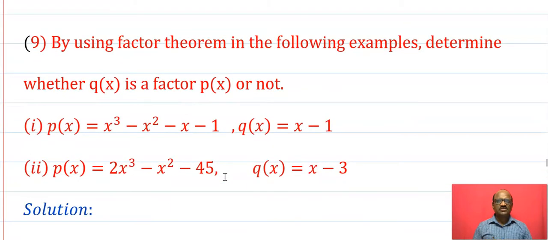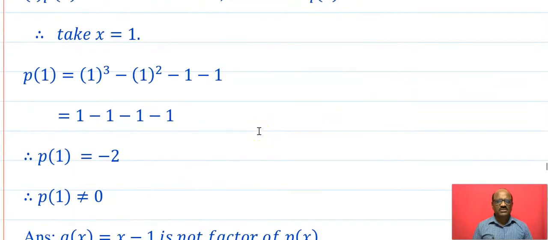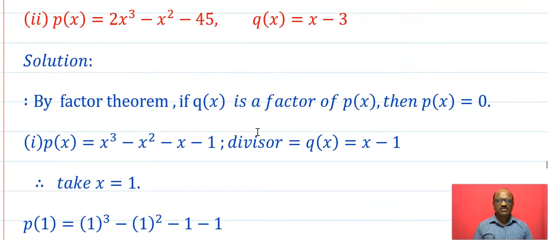Now the next question number 9. By using the factor theorem in the following examples, determine whether the q of x is a factor of that p of x or not. Now this is the polynomial, this is q of x. If it is a factor, then that value is equals to 0. If it is not a factor, the value is not equals to 0 for the particular value of that divisor.